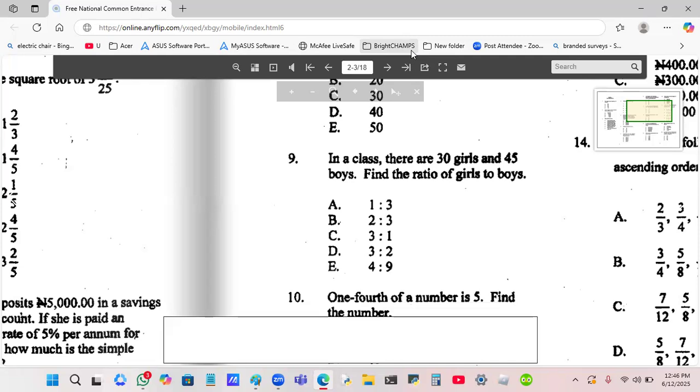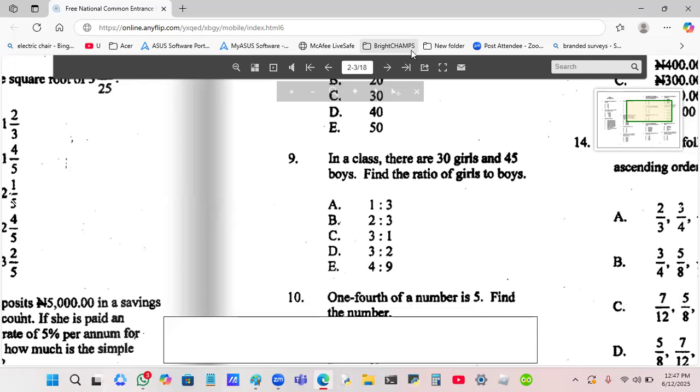There are 30 girls in a class and 45 boys in that same class.